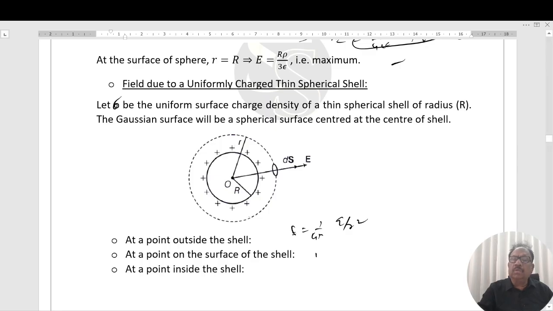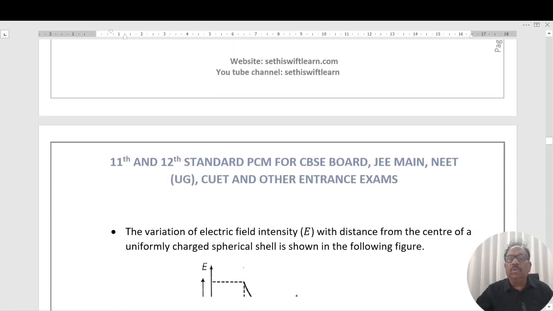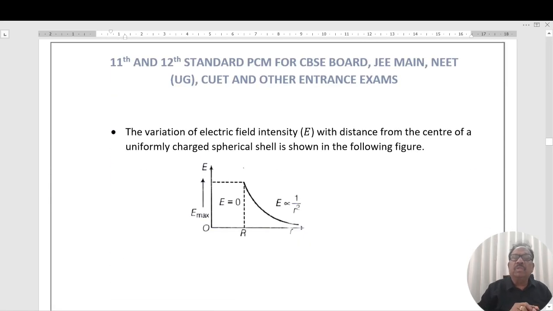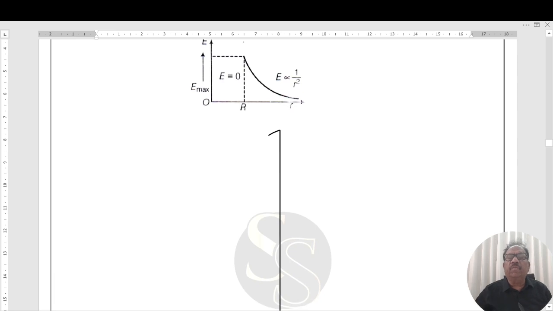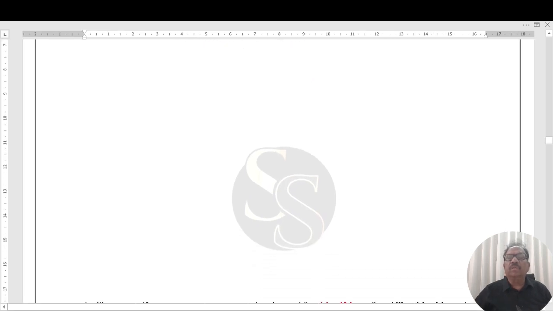On the surface, E equals sigma over epsilon naught. And at a point inside, E will be equal to 0. Right? The variation is given: inside it is 0, maximum at the surface, then it starts decreasing. I have discussed the 5 cases.